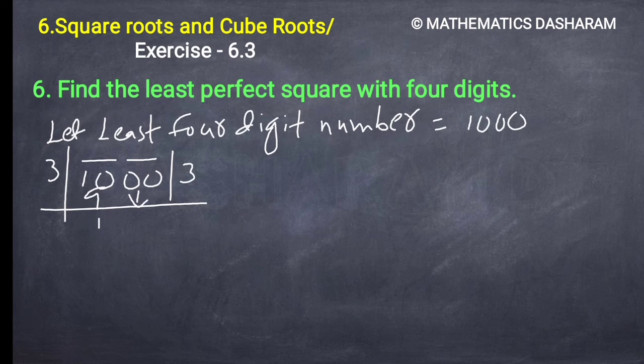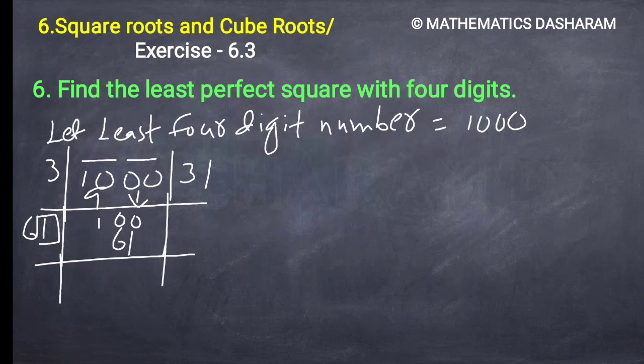Next take the next pair, so total 100, and do twice the quotient. 3 2s are 6, and the suitable digit is 1. 61 into 1 is 61. 62 into 2 is 124, which is more than 100, so that is why 1 is suitable.